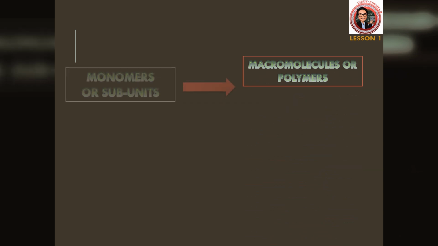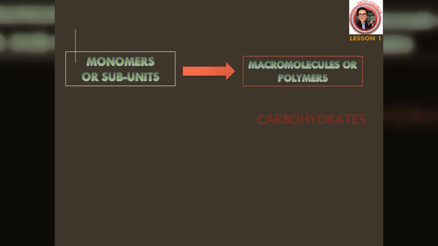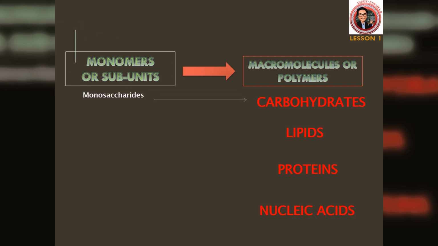The macromolecules or polymers are made up of subunits called monomers. We do have the following macromolecules. We have the carbohydrates, lipids, proteins, and nucleic acids. For carbohydrates, we have its monomer called monosaccharides, which were formed through the glycosidic bond.